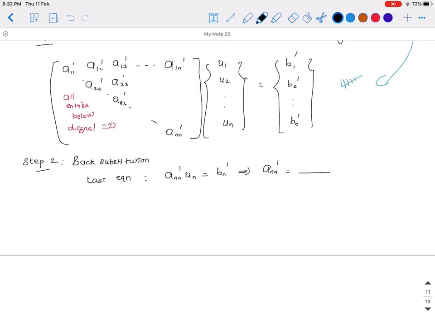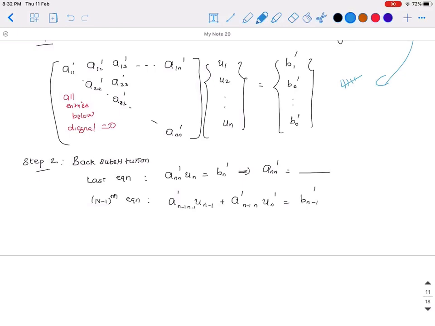Okay, and if we consider the n minus 1 equation, that will have two terms: a_(n-1,n-1) u_(n-1) plus a dash u_n equals b_(n-1) dash.